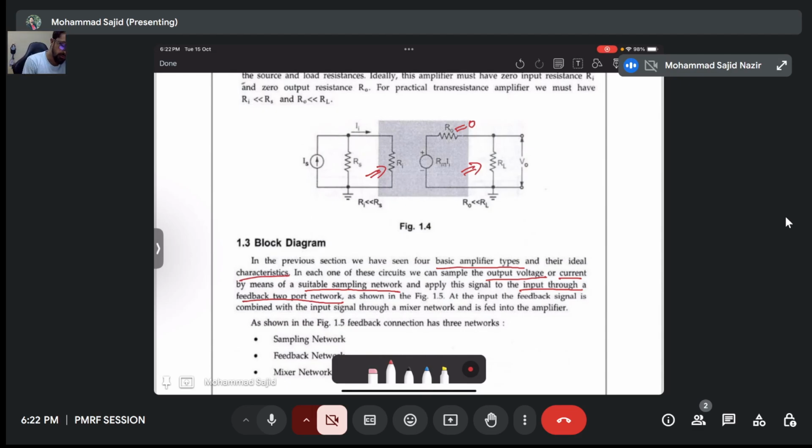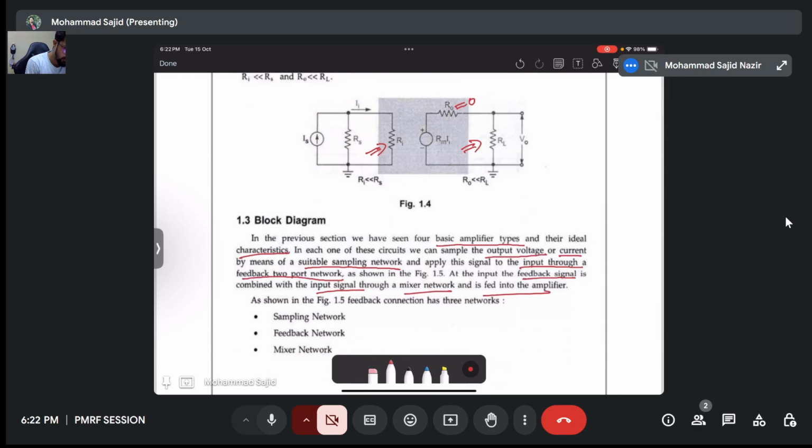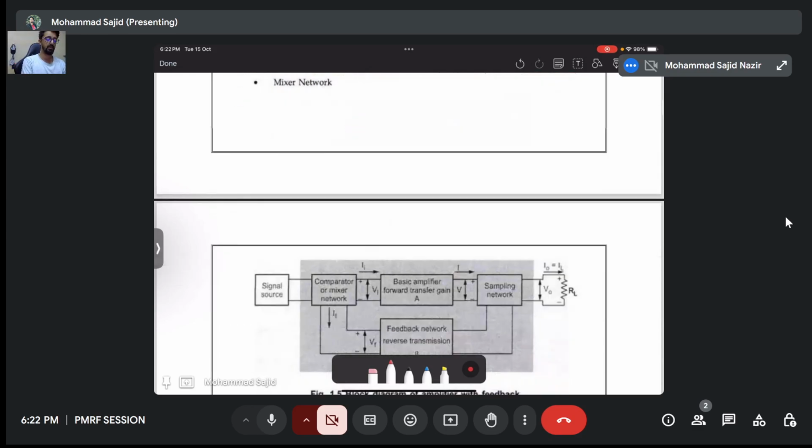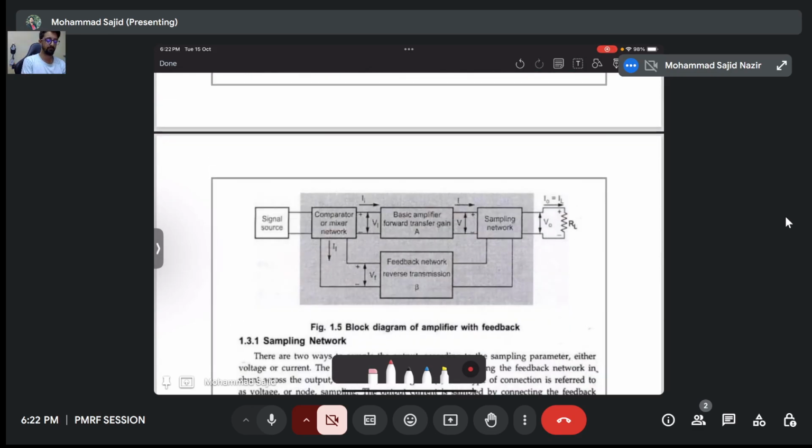At the input, the feedback signal is combined with the input signal through a mixer network. So we have a sampling network, a feedback network, a mixer network, and our amplifier. So this is the basic diagram. At the output of the amplifier, we have the sampling network. The signal goes through this network, then combines at the mixer and is fed back to the amplifier. So this is its basic working.